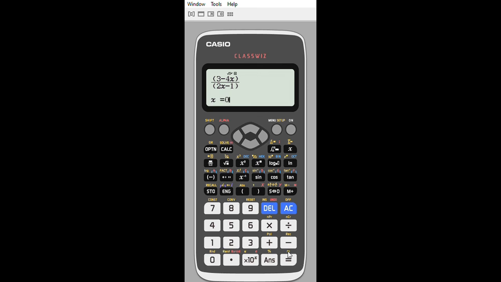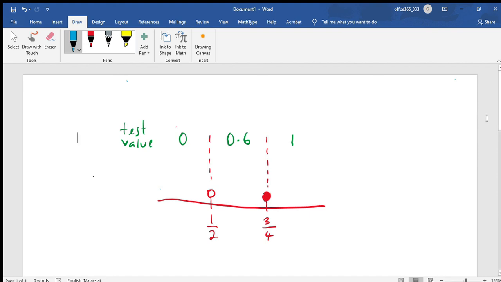Press the equal button twice, and we get -3. So just take -3 and write negative on our first region here.